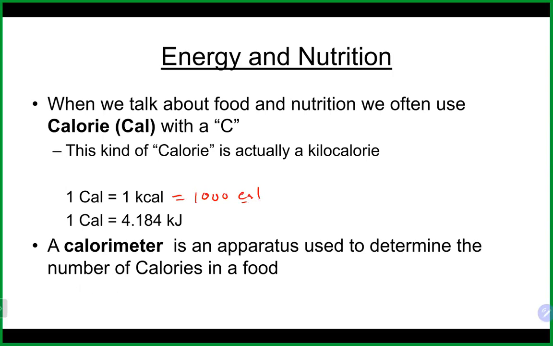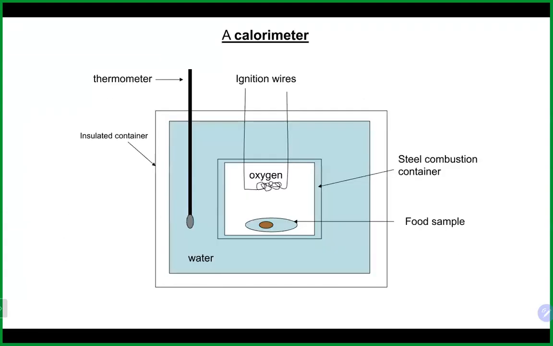A calorimeter is an apparatus that's used to measure, for example, the calories in food. They're sometimes referred to as bomb calorimeters because basically you put your cookie in this pretty isolated container. You have water all the way around, a thermometer, and wires. You basically set it on fire and let it burn.